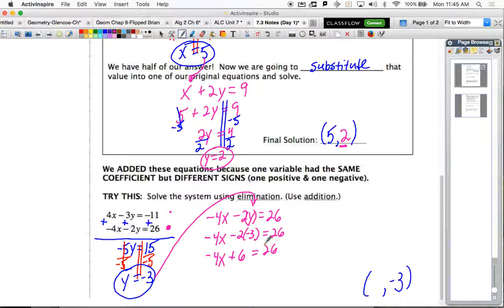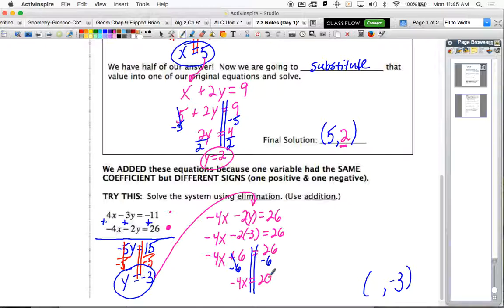Okay. So now, hopefully you're looking at it and saying, all right, I think I can go ahead and solve this. Working my way back to the x, let's undo the adding of 6 by subtracting 6 from both sides, inverse of adding. So we will then be left with negative 4x equals 20.